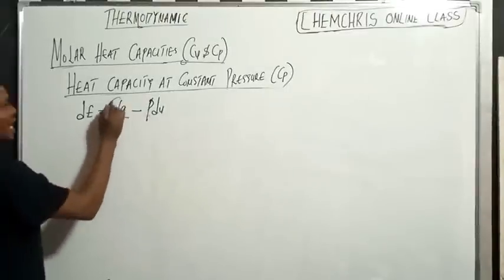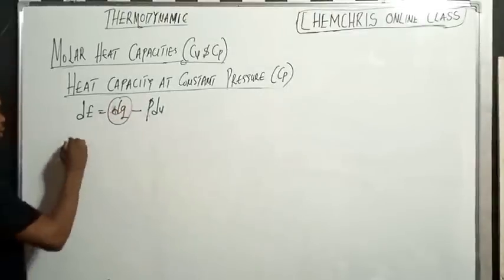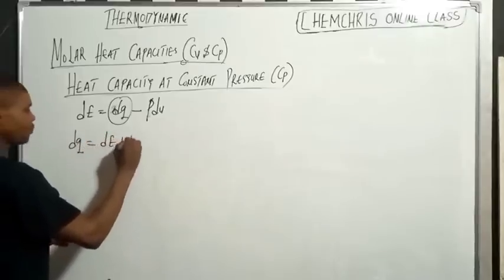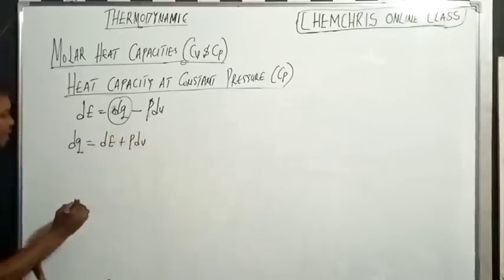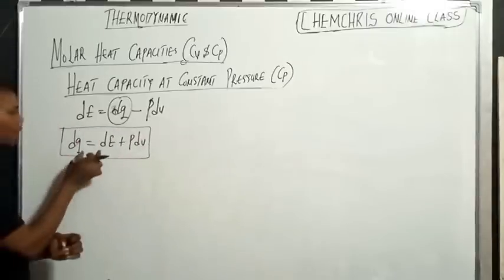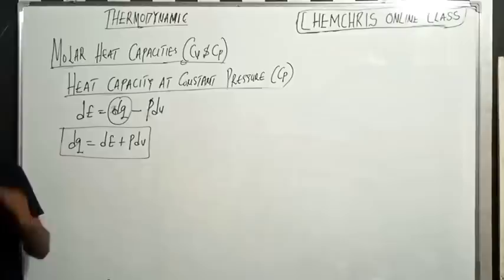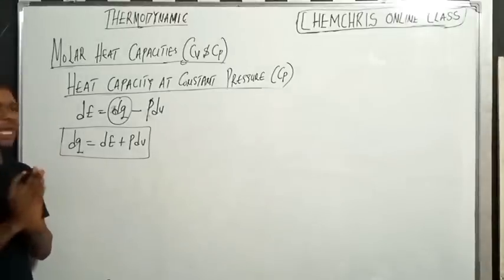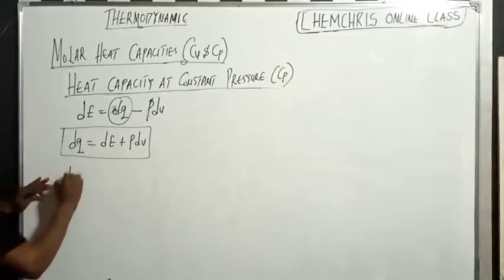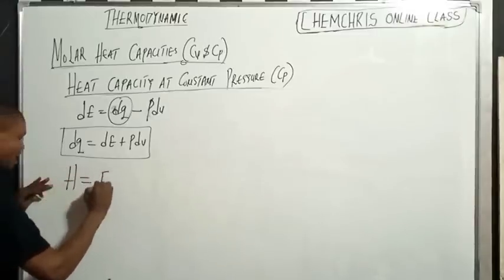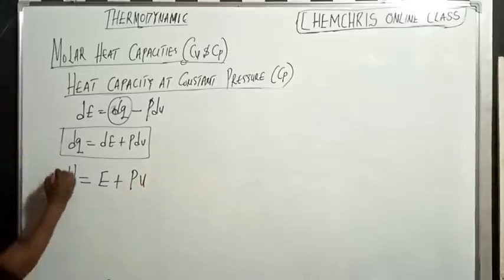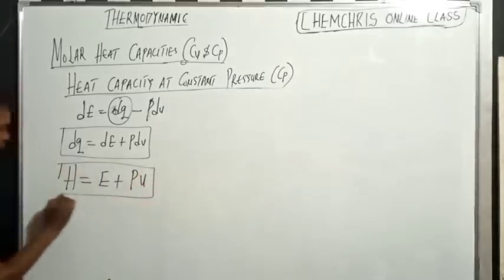Now, if I make this the subject of the formula, I would have change Q equals change E plus P change V. This is very important. Now I want to use this along with one more formula. That formula is the enthalpy of a system. The enthalpy of a system is always equal to the internal energy plus pressure times volume work. Now these are the two things we are going to look at.